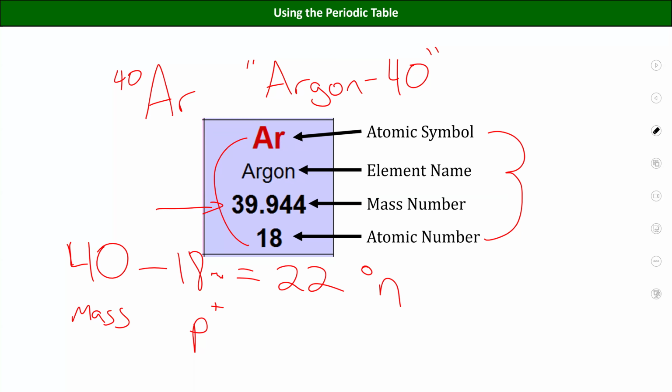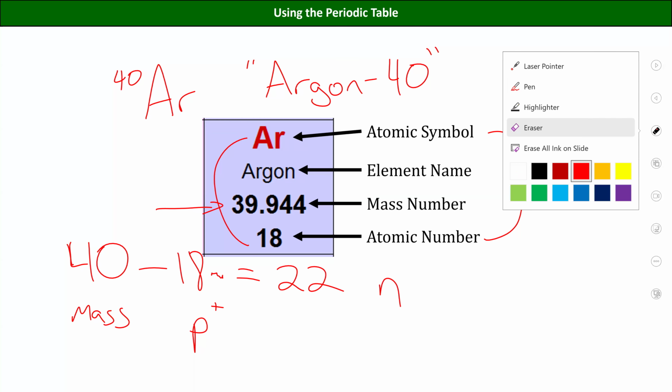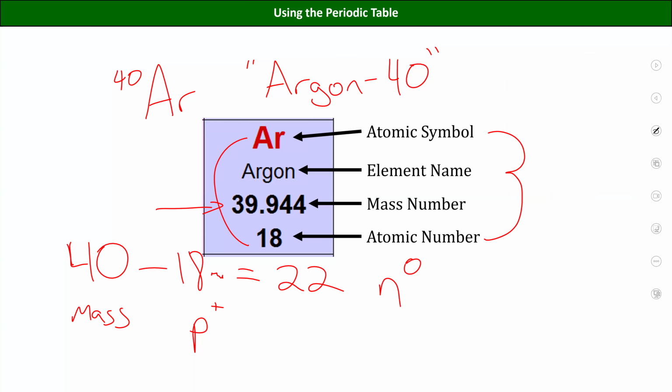Sorry, like that. So, up and to the left, mass number. Whatever is up and to the right is where you would write the charge.